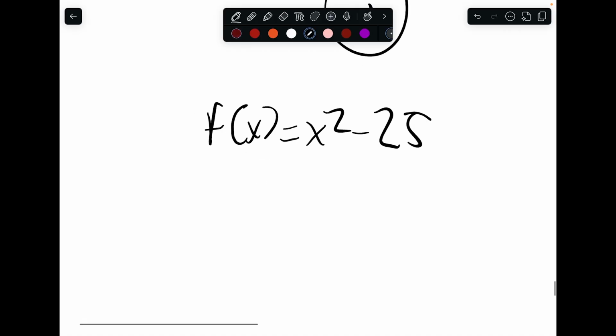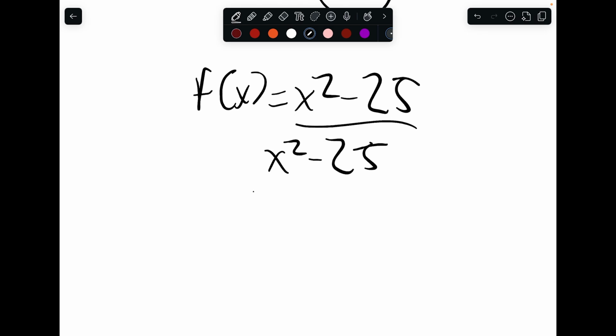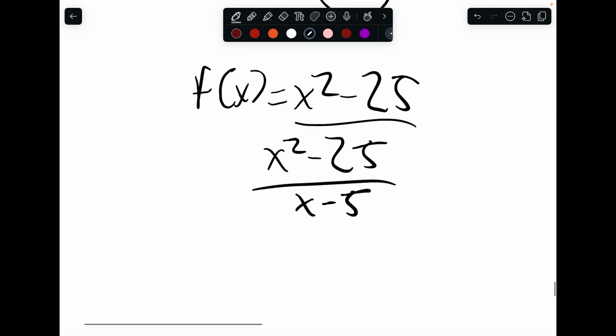So, to find the average of that, you take f of x, which is x squared minus 25, and you divide that by x minus 5. And remember, x represents the total amount of pizzas you make. The reason why I'm subtracting 5 in this case from x is because I'm assuming 5 pizzas won't count towards your average since they are from your bonus hours.